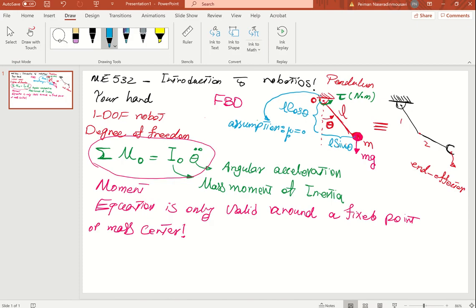So it is the moment of mg around point O, force times the normal distance, L sine theta. So it is equal to, okay, positive or negative? Take a minute to think about this, because in my classes I also want you to learn how it is positive, how it is negative.